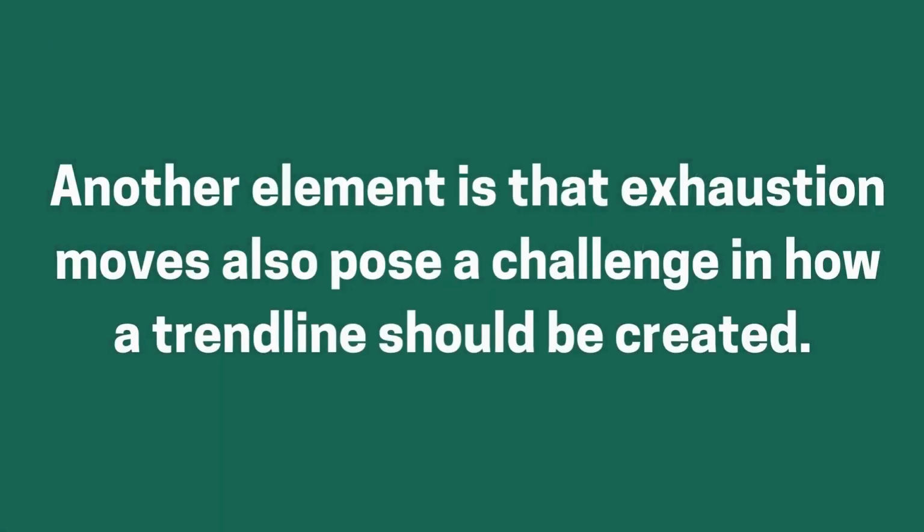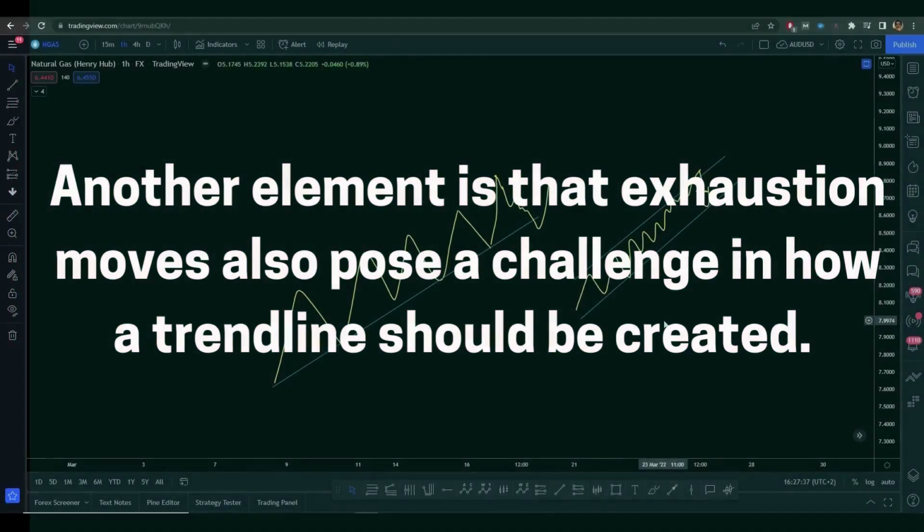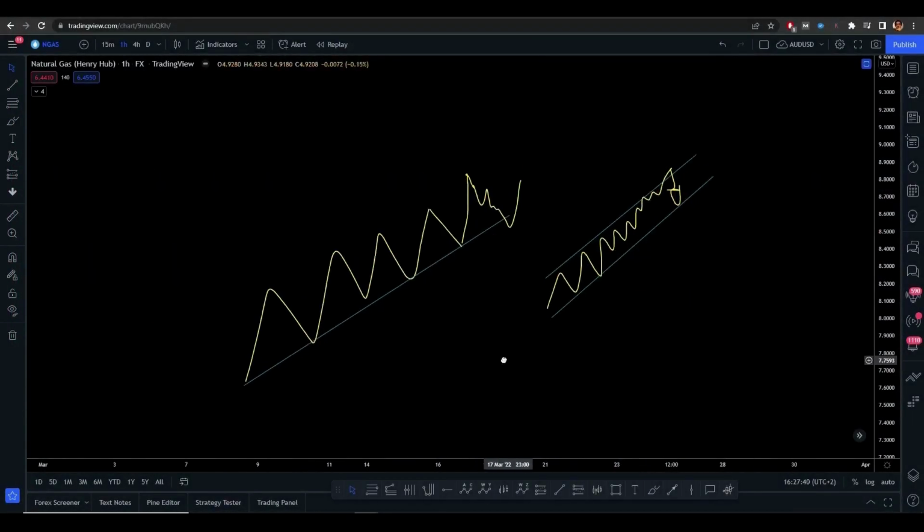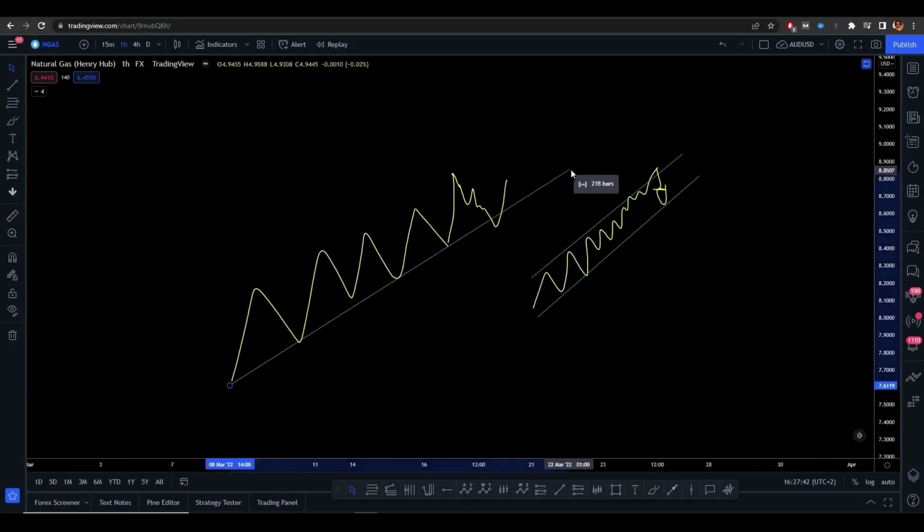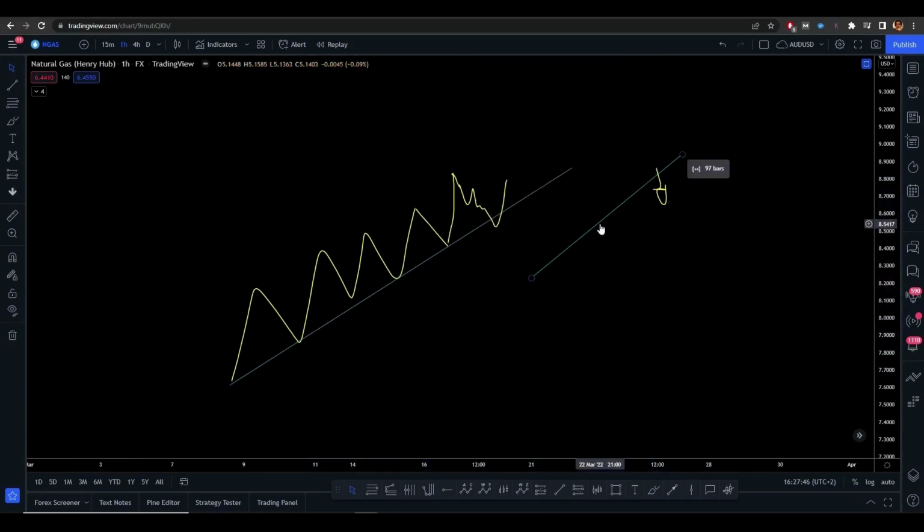Another element is that exhaustion moves also pose a challenge in how a trend line should be created. Look at this example here, okay? We have an exhaustion move right up here. I'm just gonna delete this part quickly, like that. So drawing the line at the top of the break, right?